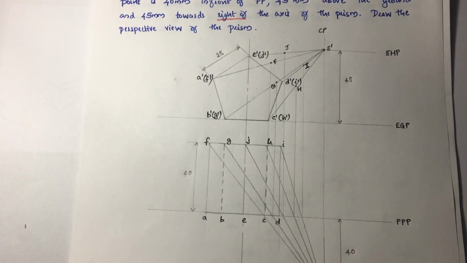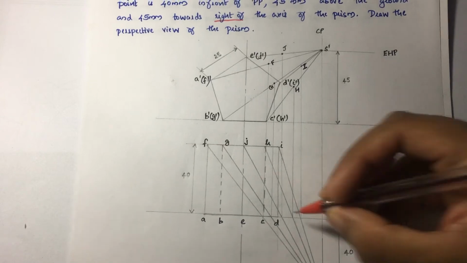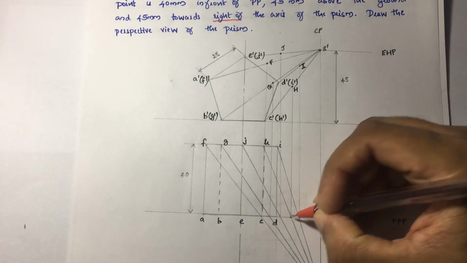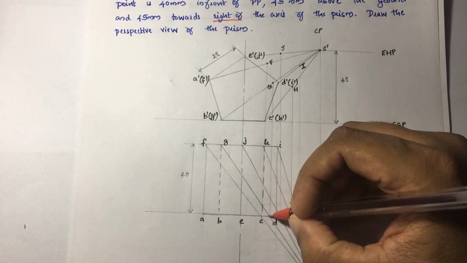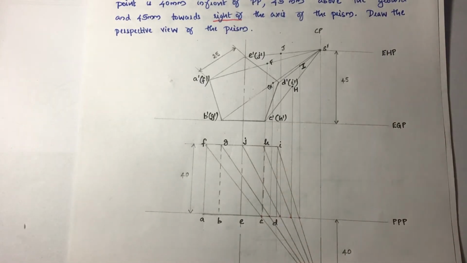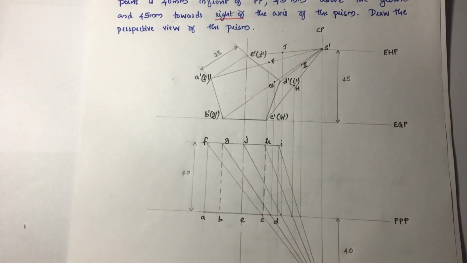We are having 5 intersection points in this question. This is number 1, number 2, number 3, number 4 and number 5. Okay. So from these intersection points, you have to draw projection lines. Now I will tell why I am not drawing visual rays towards all the base points in this figure.